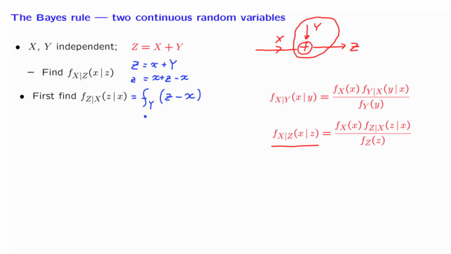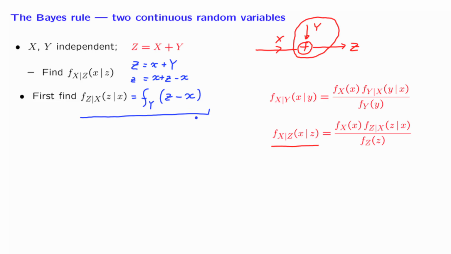So intuitively, this is what we would get for the conditional density of z, and then we could just apply this form of the Bayes rule. It's instructive, though, to rederive this relation here in a different and somewhat more formal way. So let us go through one more derivation.